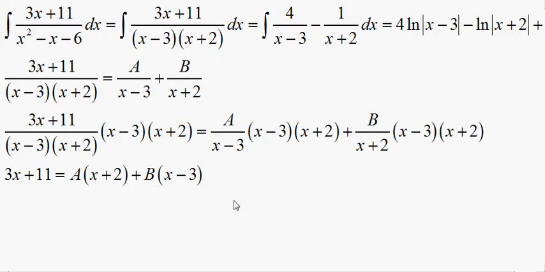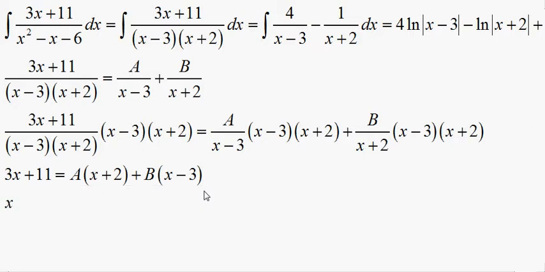Now, there are two ways to do this. The easy way out is to realize that these two sides are an identity, and therefore are equal. So any value of x we put in will make the statement equal on both sides, and then we can use those values of x to solve for a and b.